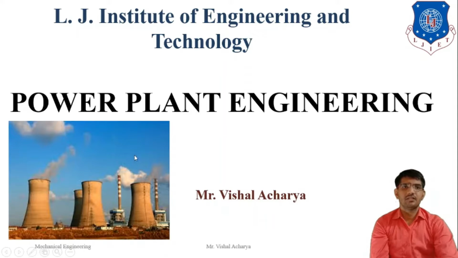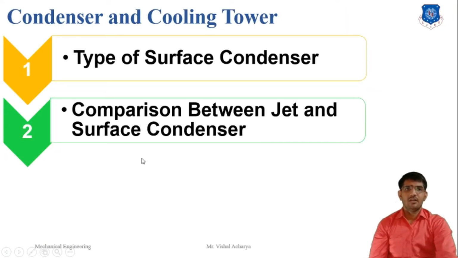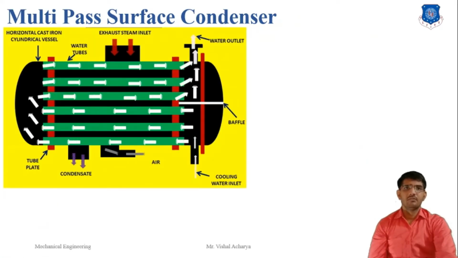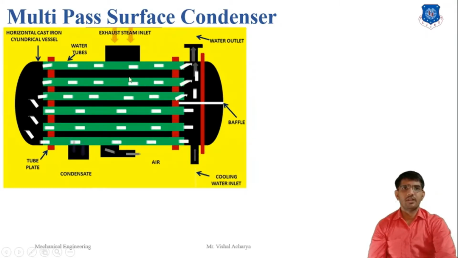Today we will discuss the surface condenser, the comparison between jet and surface condenser, and the requirements of a good surface condenser. First is the multi-pass surface condenser. Here is the horizontal cast iron cylindrical vessel, and here is the plate for the arrangement of the tubes. These are the water tubes.